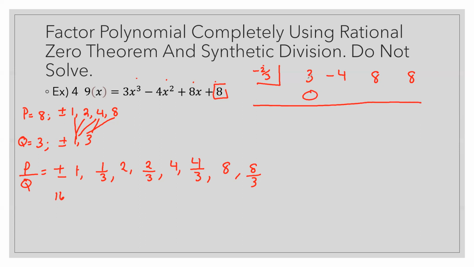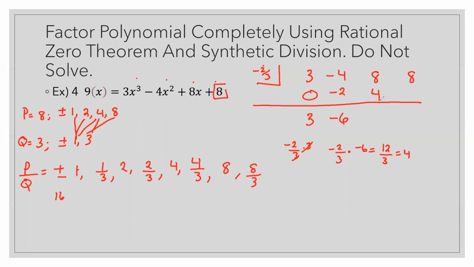So placeholder under 3, 3 plus 0 is 3. 3 times negative 2/3 is negative 2/3 times 3. The 3's cancel, so you're just left with negative 2. Negative 4 plus negative 2 is negative 6. Negative 6 times negative 2/3, so that's negative 2/3 times negative 6, that is 12 over 3, which is 4.